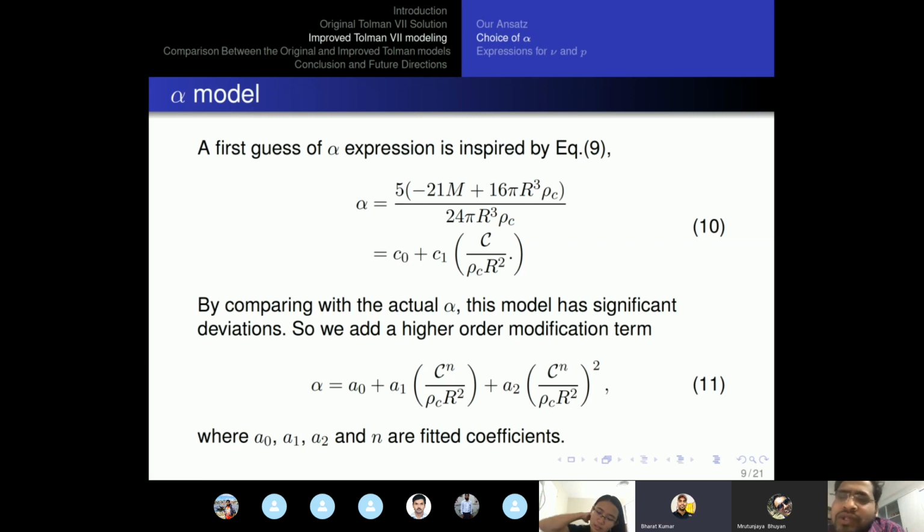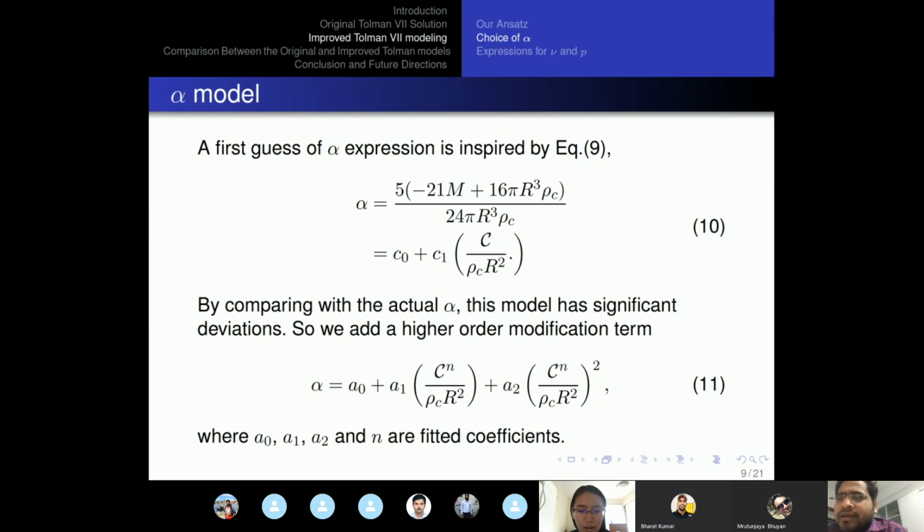In one of her expressions, she has shown that central density has a dependency on the alpha parameter, and alpha contains the mass. That means the central density contains the mass and the radius.